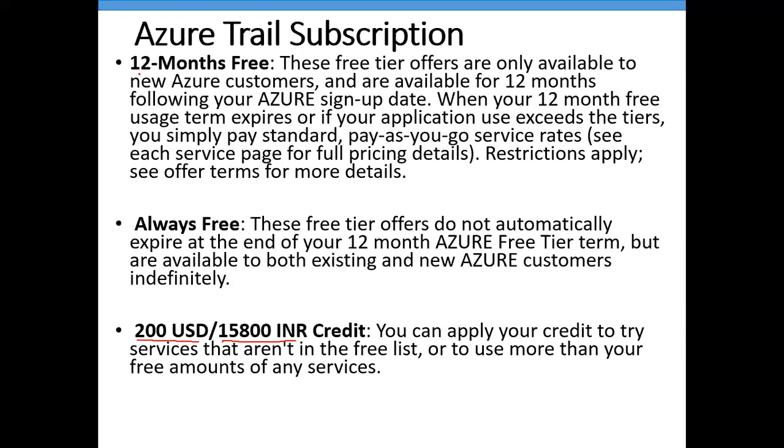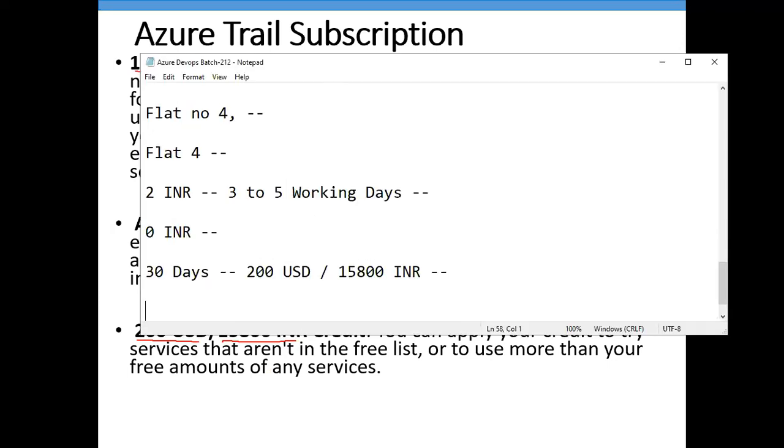You have 12 months free from their side. It means after 30 days, for the next 12 months, if you are going to use those free services, they are not going to charge you. If you are going to use paid services, then only they are going to charge you.